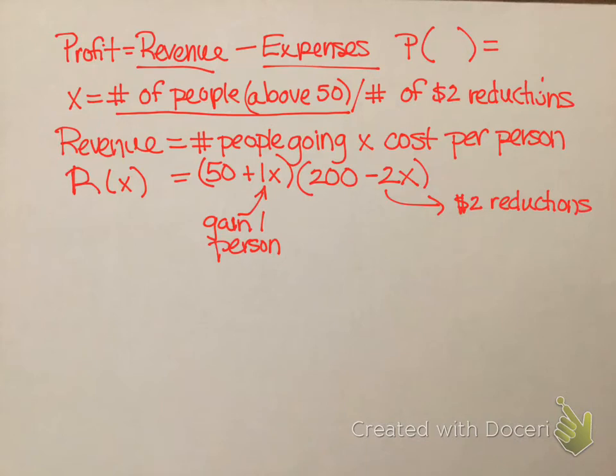So you could figure this out for 3, so let's just do this real quick and then erase it. If we have 3 more people going, I would put a 3 in for every x.